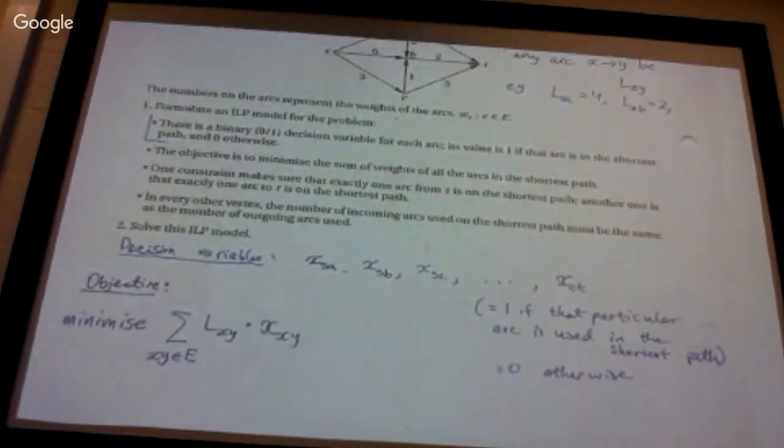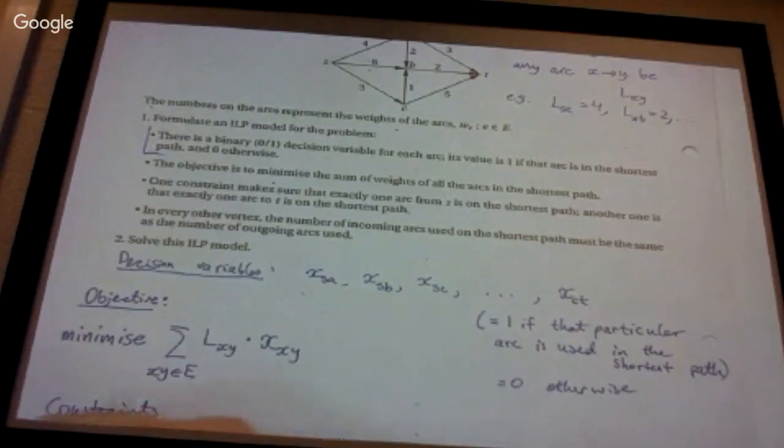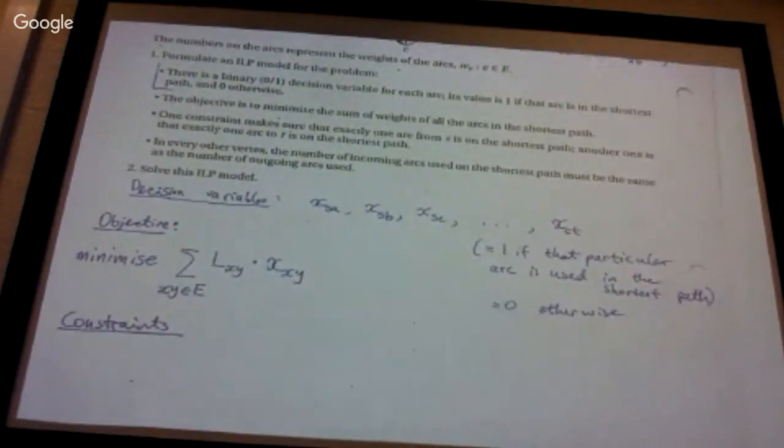But somehow you want to make sure that the constraints that you put there make the ones to be the shortest path, or a path anyway.